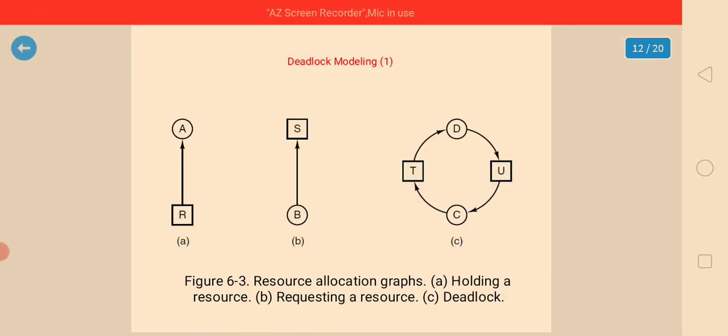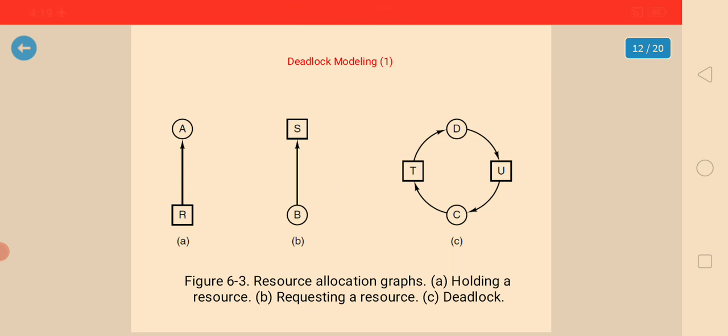So deadlock modeling is shown here in the diagrams. In diagram A, resource R is holding a resource. In diagram B, a resource is being requested.